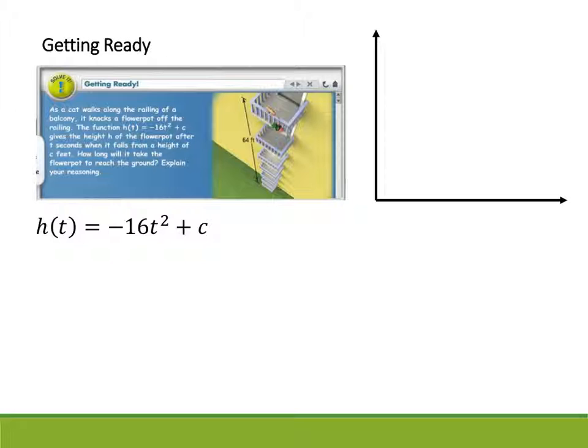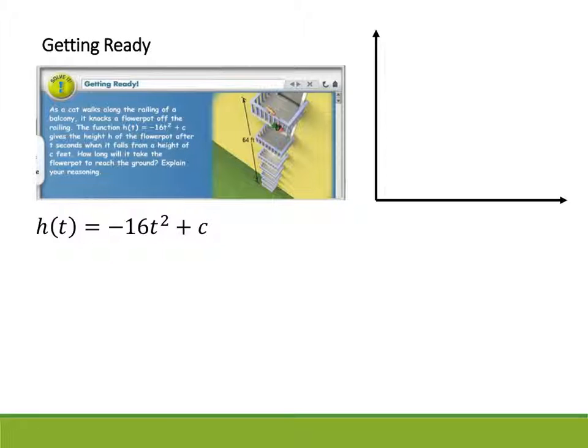For instance, as a cat walks along the railing of a balcony, it knocks a flower pot off the railing. The function h of t equals negative 16t squared plus c gives the height of the flower pot after t seconds when it falls from a height of c feet. How long will it take the flower pot to reach the ground?